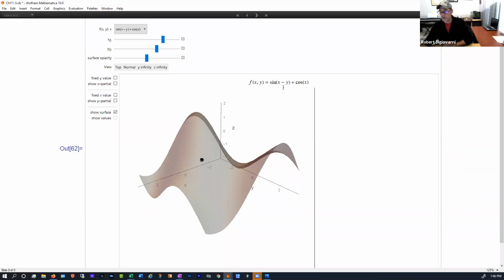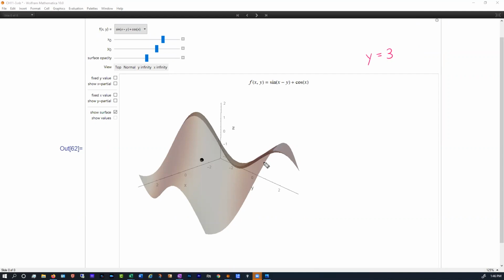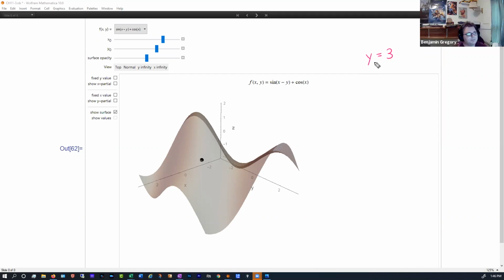So do y'all remember what this looks like? I'll just ask for a volunteer. Can somebody tell me what y equals 3 looks like right here in this space? A line, just a vertical or horizontal line. I think it's a plane at y equals 3.